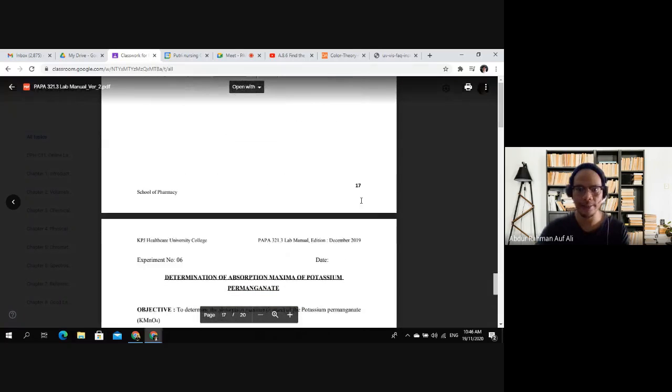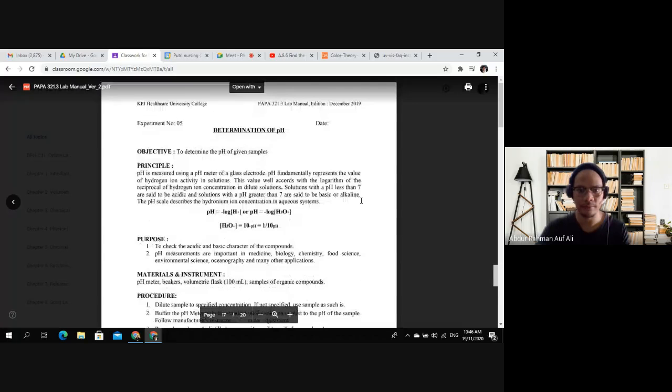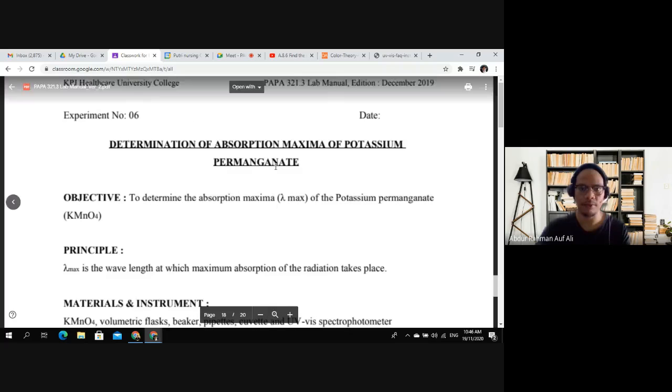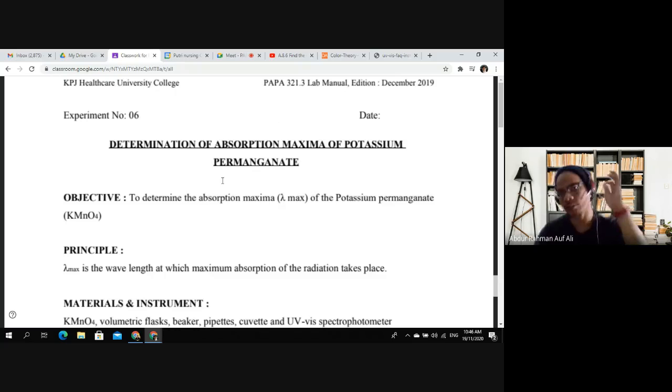So let's get into the first experiment. Okay, determination of absorption maxima of potassium permanganate. So this is the test that we use, yang saya cakap tadi, kalau kita nak identify the compounds yang ada dalam any mixture.